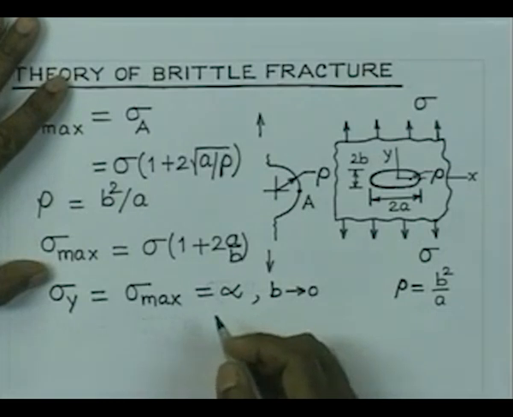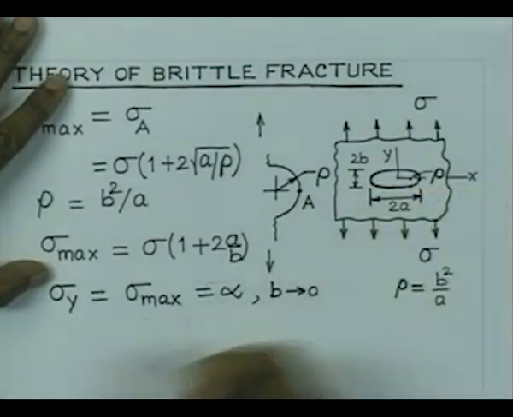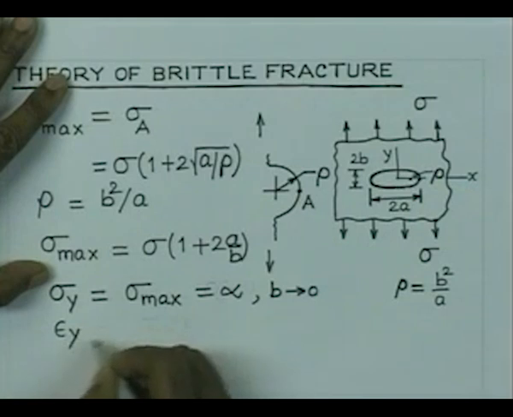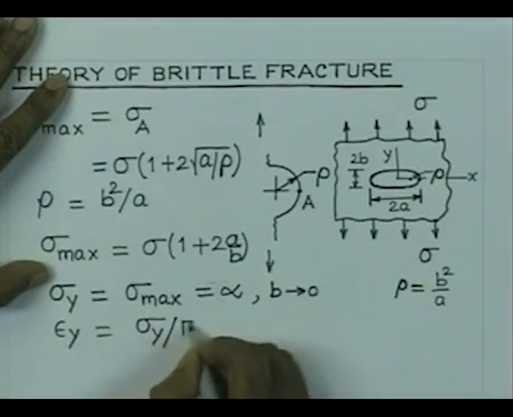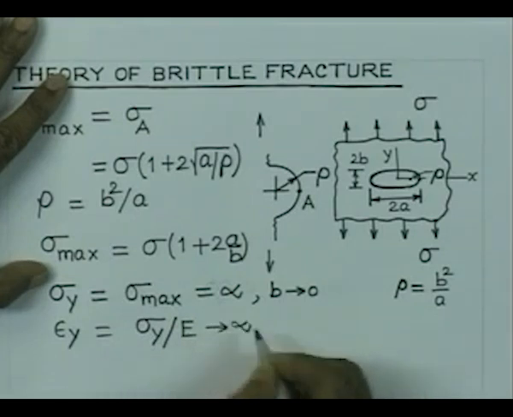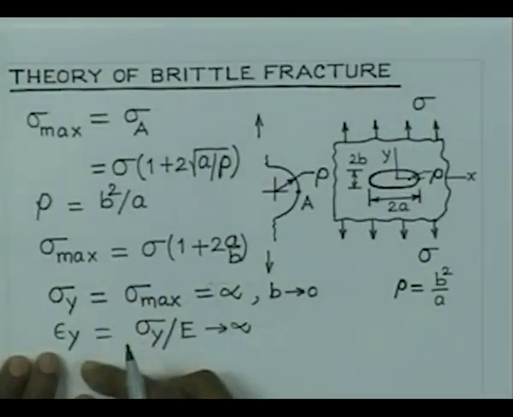Similarly, this point is subjected to purely tensile loading, and therefore, the strain is also equal to infinity, which is nothing but sigma y by E, that also shoots to infinity. So, if we were to apply the classical theories of failure or classical criteria of failure, which could be based on the maximum principal stress or maximum principal strain, we find that it is not possible, because the magnitude of the maximum stress and the maximum strain shoots to infinity.